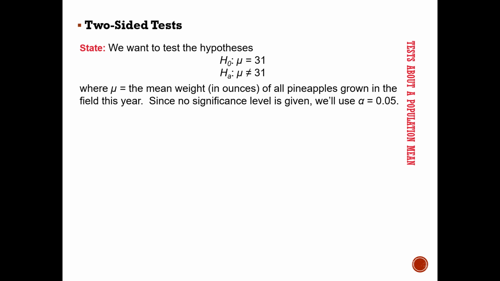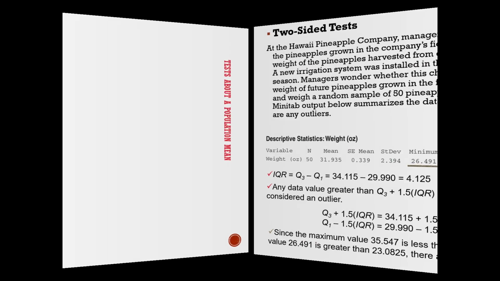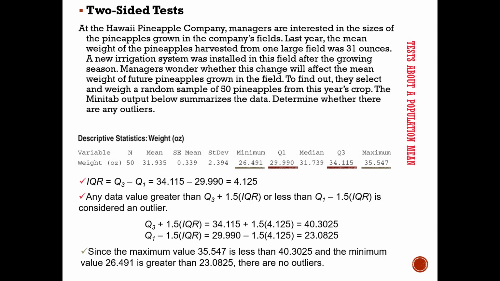Now notice, in the original problem, let's jump back just for a second. We want to see if the change will affect the mean weight of future pineapples grown in this field.